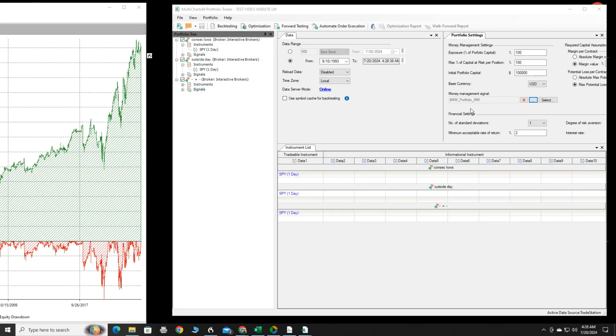Input criteria 3, equity drawdown in portfolio for multi-charts. With this input, you get in a trading system or a portfolio when things have not been doing well.